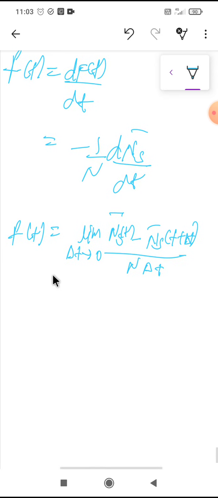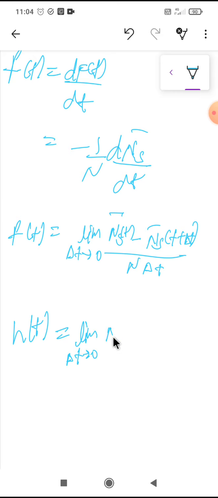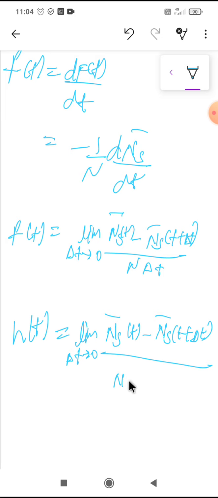We can say that h of t is equal to the same limit, delta t tends to 0, ns bar of t minus ns bar of t plus delta t, divided by ns bar into delta t.